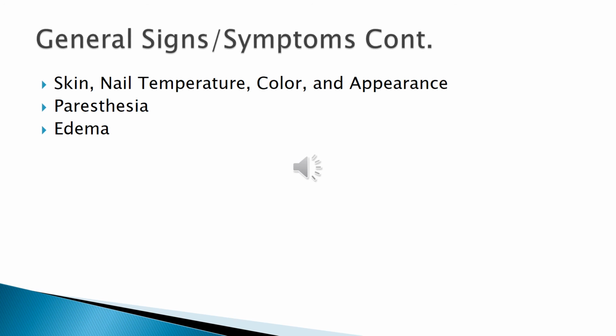Paresthesia is the numbness and tingling. If the nerves in the area are getting deprived of blood, that can cause the numbness and tingling sensation. And edema. Edema is any type of accumulation of fluid in the interstitial space. This could happen if there's some type of obstruction, particularly in the lymph vessels or the veins.